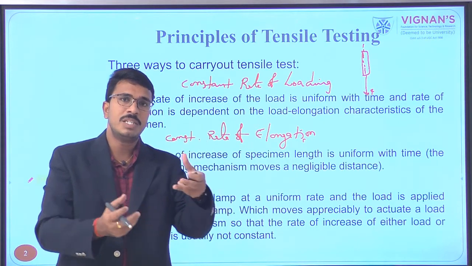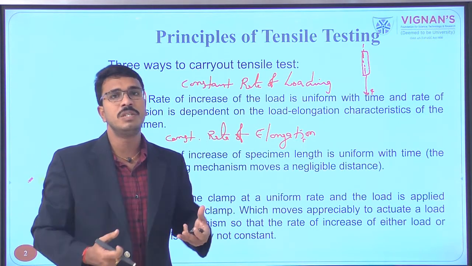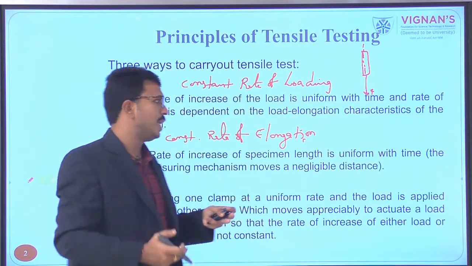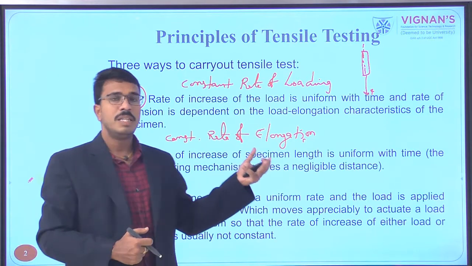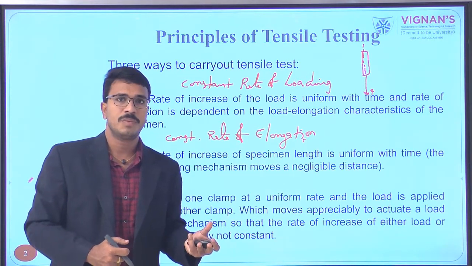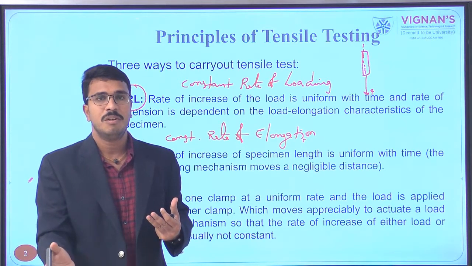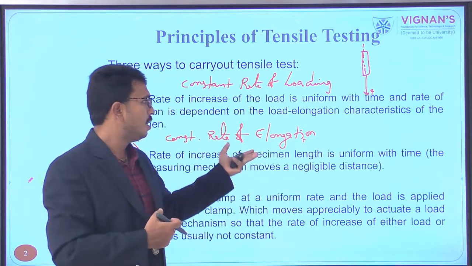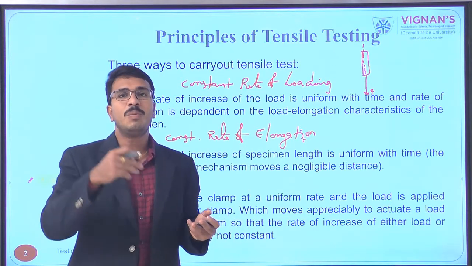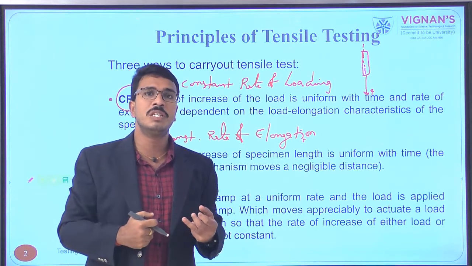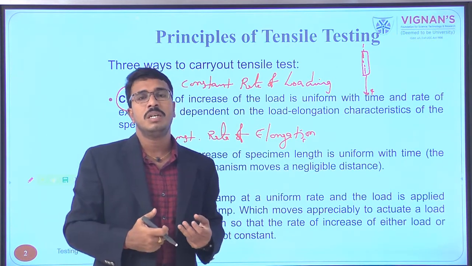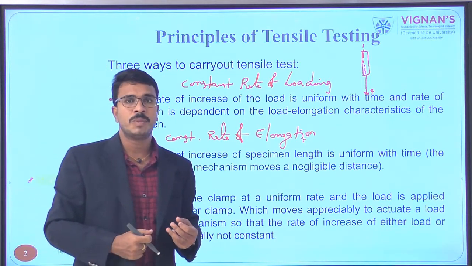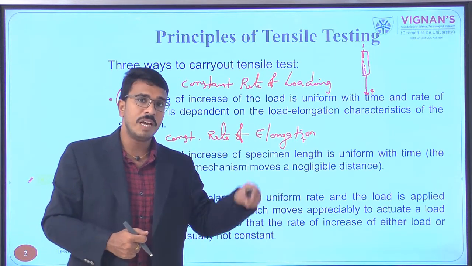The constant rate of extension imparts tension, and at one point the specimen breaks. So this is the CRE principle, where the extension in the specimen is uniform with time, and finally the specimen breaks.